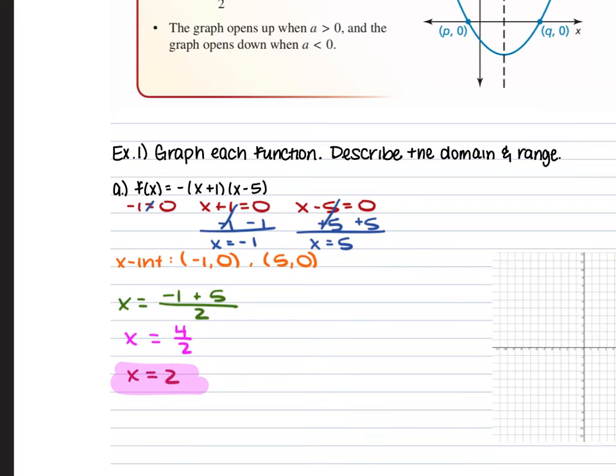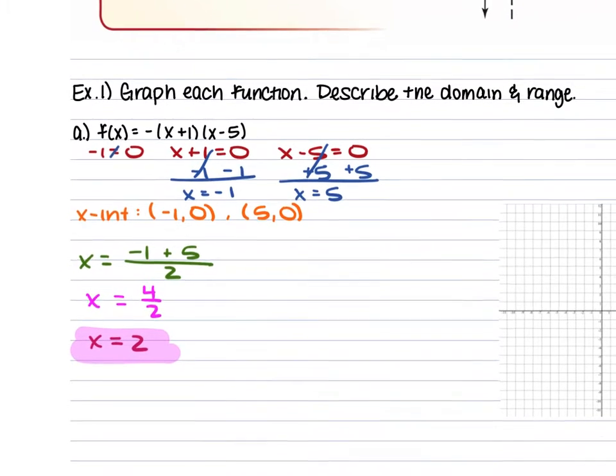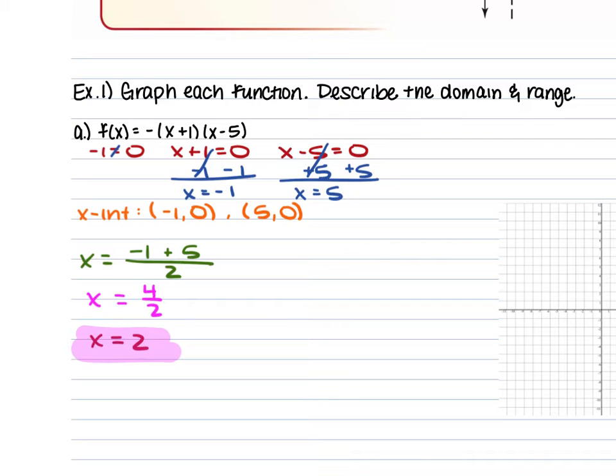From here, if it asks you to find your vertex, plug in the 2 and simplify. It'll give you your y value, and then you'll have an x and a y, that's your vertex. So if we do that, we would have y is equal to the opposite of 2 plus 1 times 2 minus 5. 2 plus 1 is 3. 2 minus 5 is negative 3.